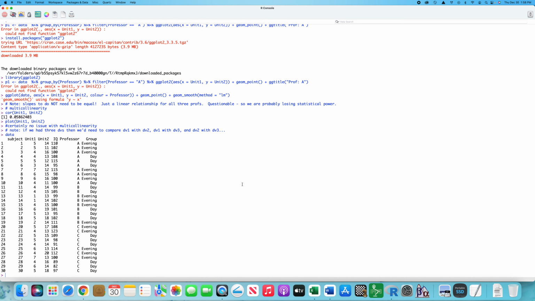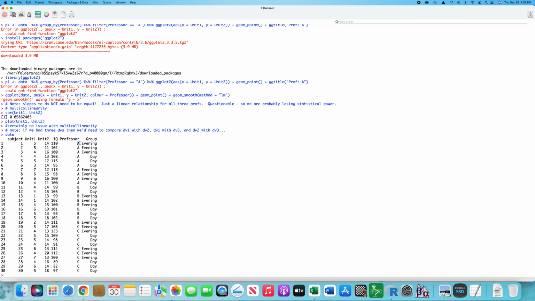What we have is a final exam, and there were 10 questions on Unit 1 and 20 questions on Unit 2. So this first student got 5 out of 10 questions correct on Unit 1. They got 14 out of 20 questions correct on Unit 2. Their IQ is given. That's for a different problem.